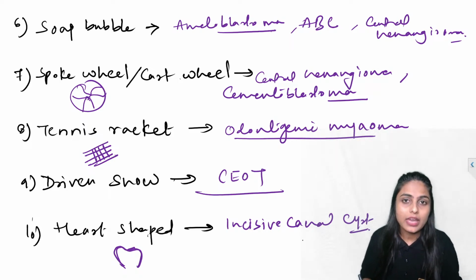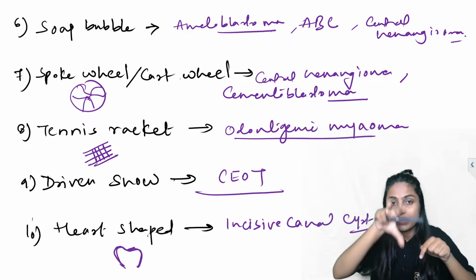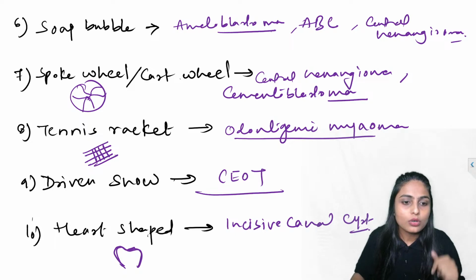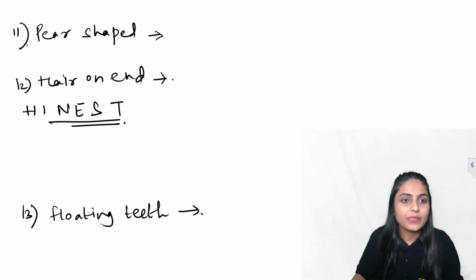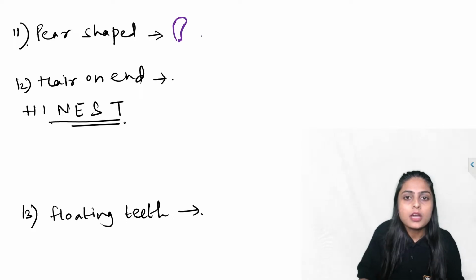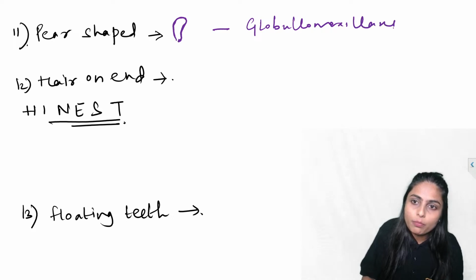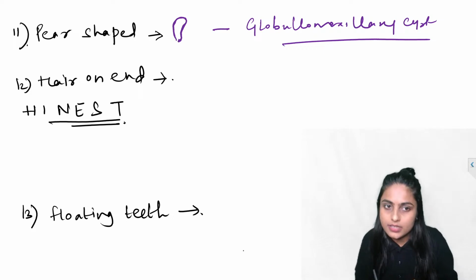Heart-shaped radiolucency just behind the central incisors in the midline. All right. So next is pear-shaped radiolucency. Pear-shaped radiolucency is seen in which condition? Globulomaxillary cyst, right?